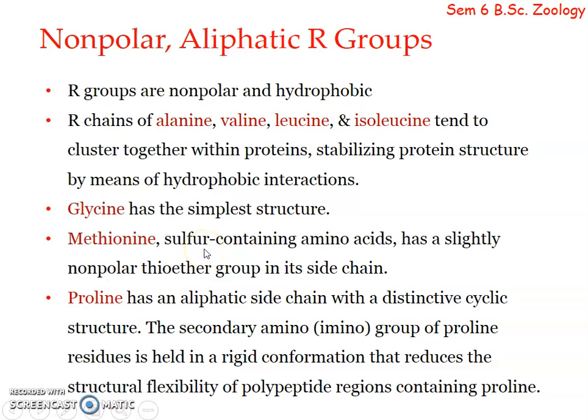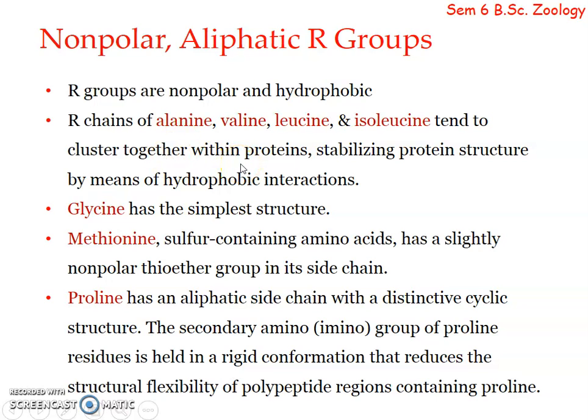Methionine, obviously, you know that during the translation process, it is the first amino acid, complementary to the start codon, isn't it? Yeah. So coming back here, alanine, valine, leucine, isoleucine, they tend to cluster together within the proteins.